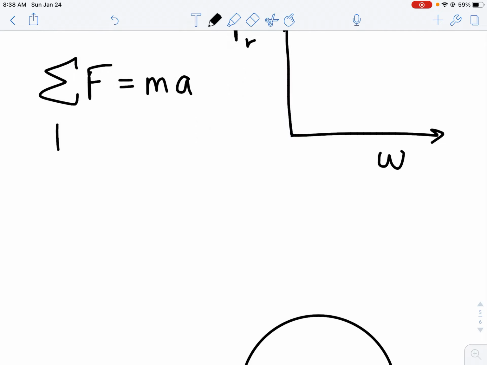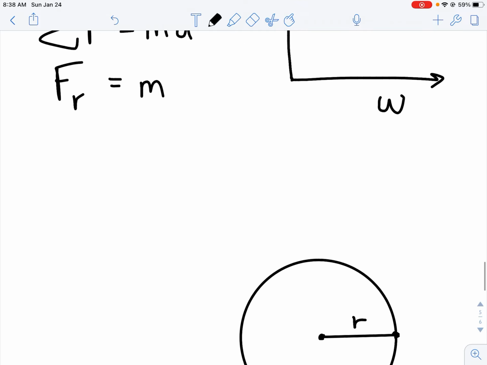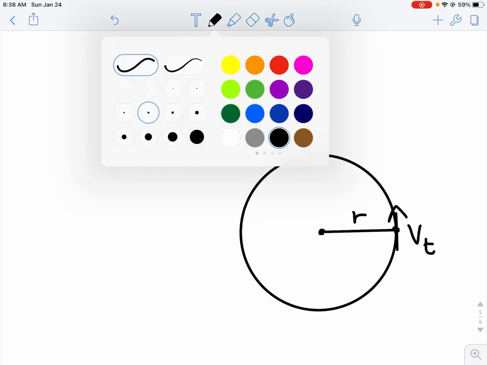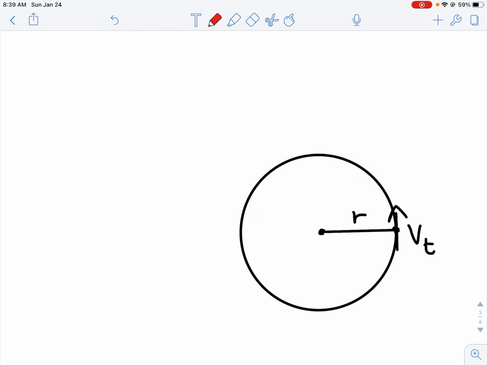Here we go. So we have the radial force is equal to mass times acceleration. Now, I'm going to substitute for acceleration. This is looking from above, right, as our object moves around the table. If this is the tangential velocity of the object, the acceleration is inward.